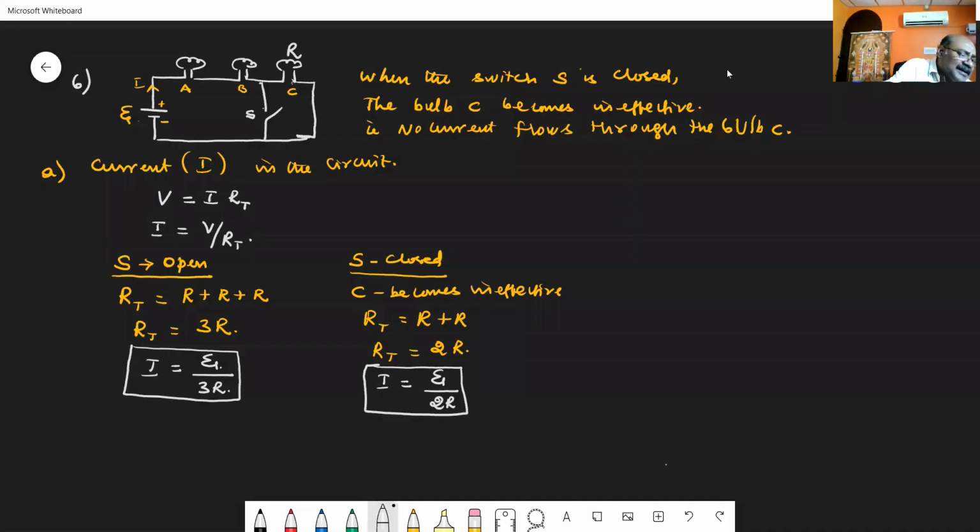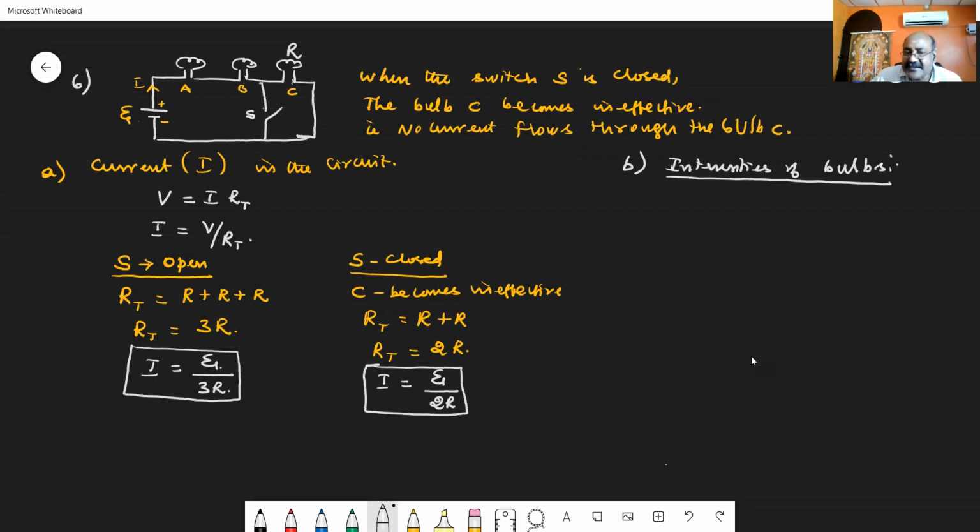So the next concept asks: what happens to the intensities of the bulbs A, B, and C? What happened to the intensities of the bulbs, that is, how the bulbs are glowing.